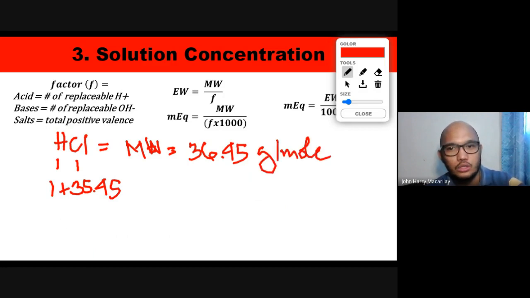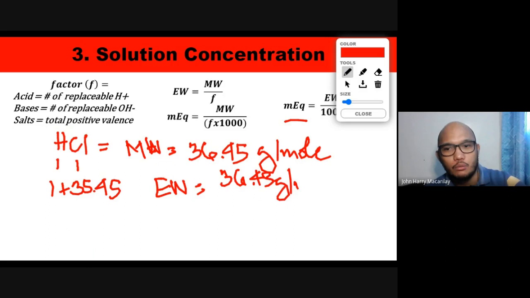So if you're going to use this formula, you have to determine the equivalent weight first. So equivalent weight is equivalent to the molecular weight, 36.45 grams per mole, divided by the factor, which for hydrochloric acid is 1. So the equivalent weight is 36.45.